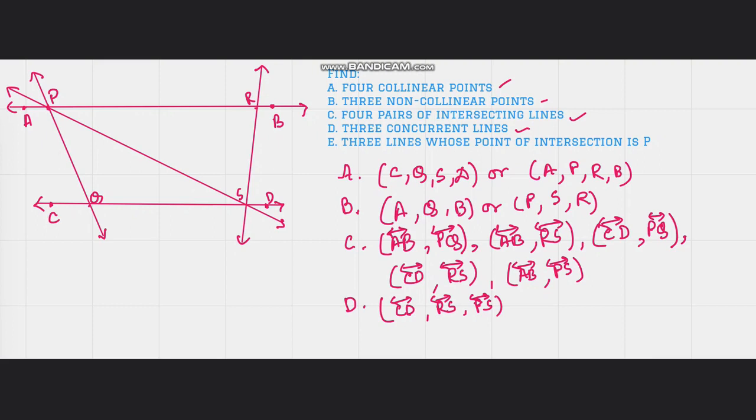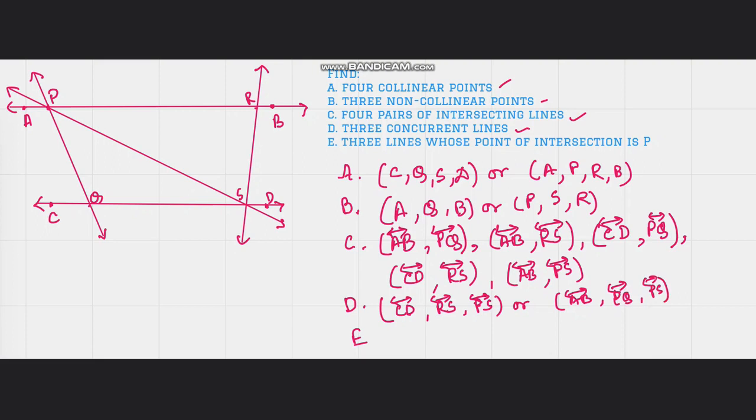Here we can clearly see that AB, PQ and PS meet at point P. In the previous example of 3 concurrent lines, we can take this example also, as they are meeting at point P, right? So you can write AB, PQ and PS.